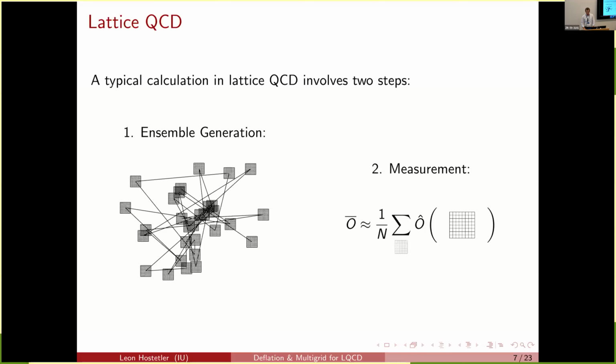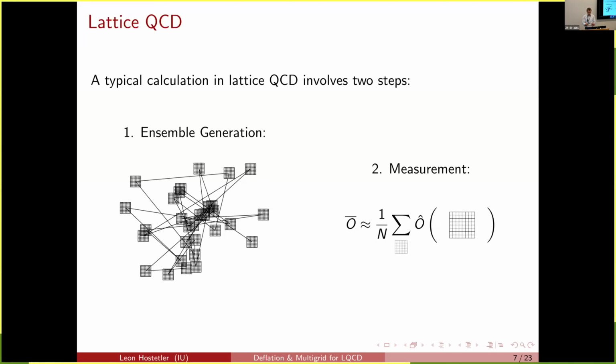A typical calculation in lattice QCD involves 2 steps. The first is to generate an ensemble of lattice configurations. And this is typically done using some kind of Markov chain Monte Carlo method to give us a sample of equilibrium gauge configurations. Step 2 is measurement. That's where we measure our quantity of interest on each of these individual lattice configurations, and that gives us an average value for that observable.